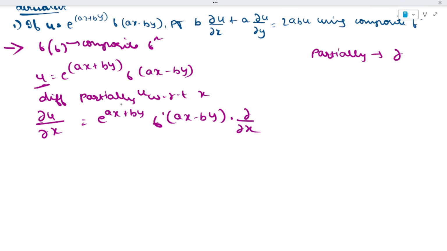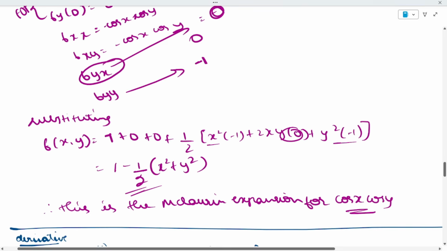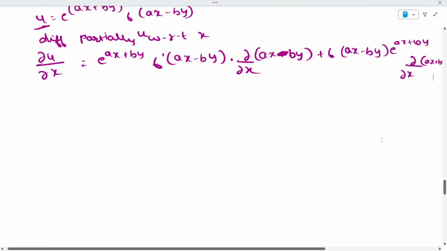You did it the first time, now you have to differentiate again, e power ax plus by will be as it is, plus f of ax minus by, e power ax plus by will be as it is, again del by del x of ax plus by. Now if you see, del u divided by del x became e power ax.